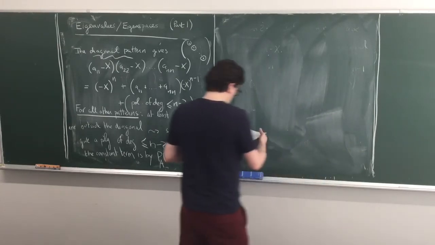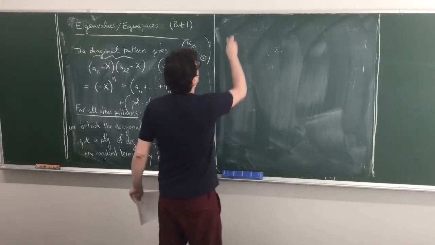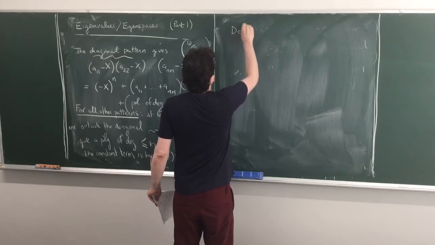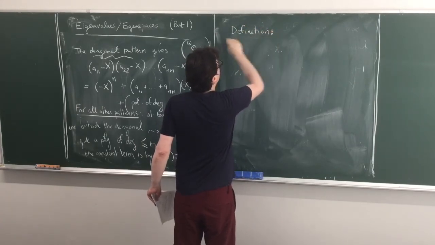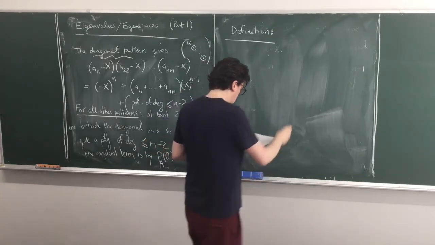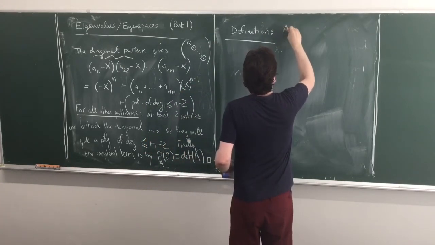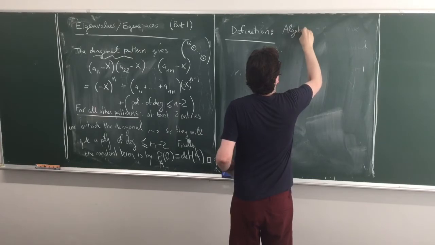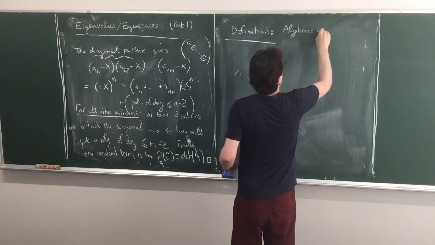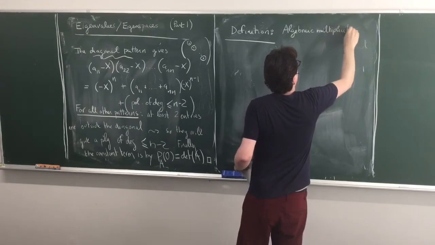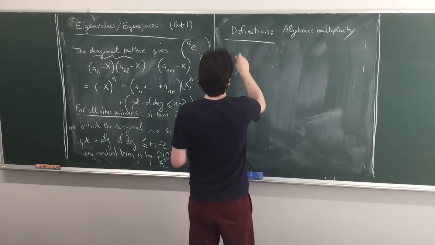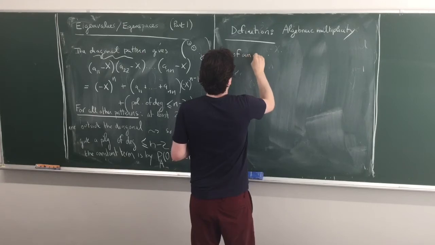All right. Let me come to another definition. Here we are going to define the algebraic multiplicity of an eigenvalue.